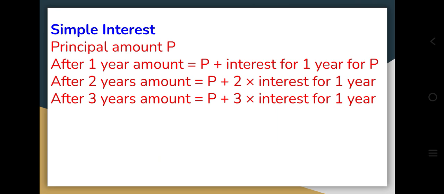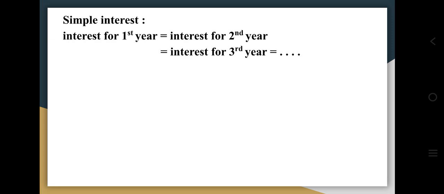So the amount becomes P plus 2 into interest for 1 year for the amount P. And after 3 years, the amount becomes P plus 3 into interest for 1 year for P. So, in simple interest, interest for the first year is the same as interest for the second year, which is the same as interest for the third year.